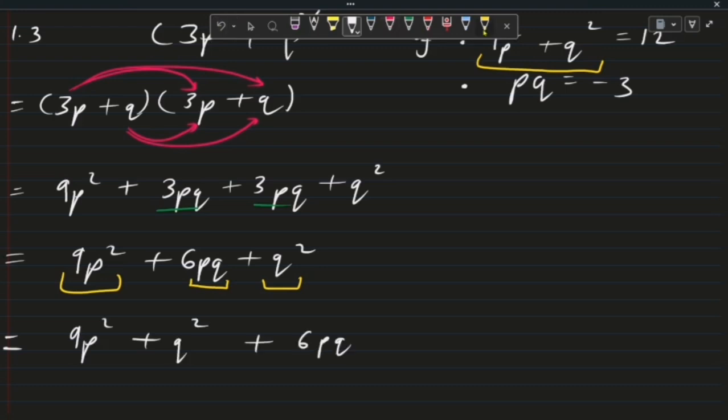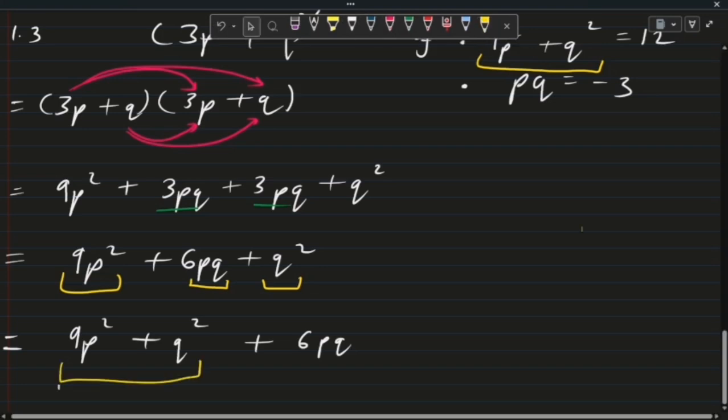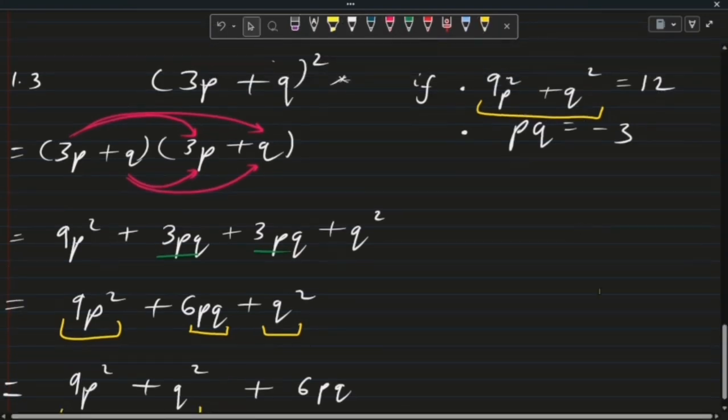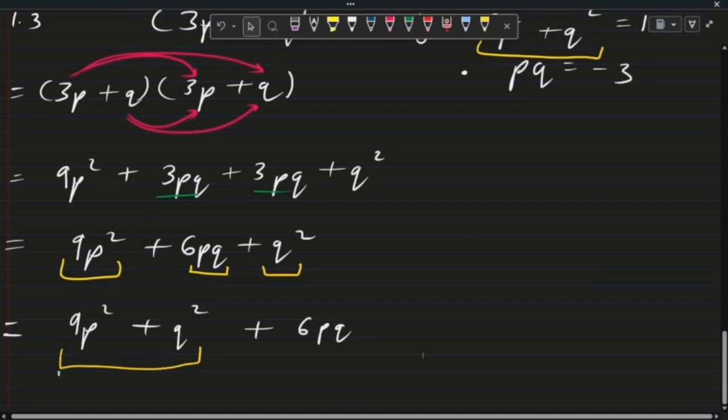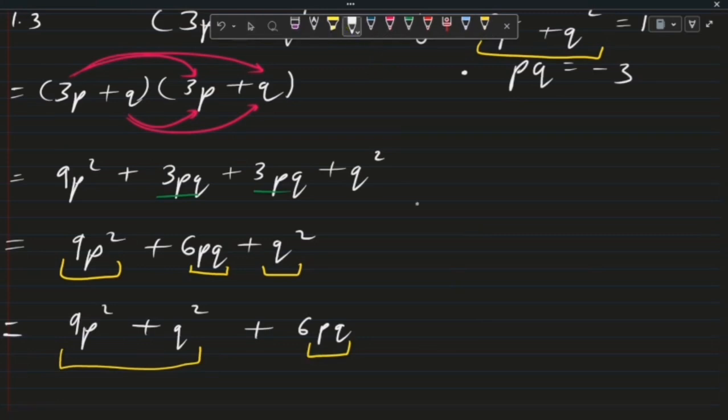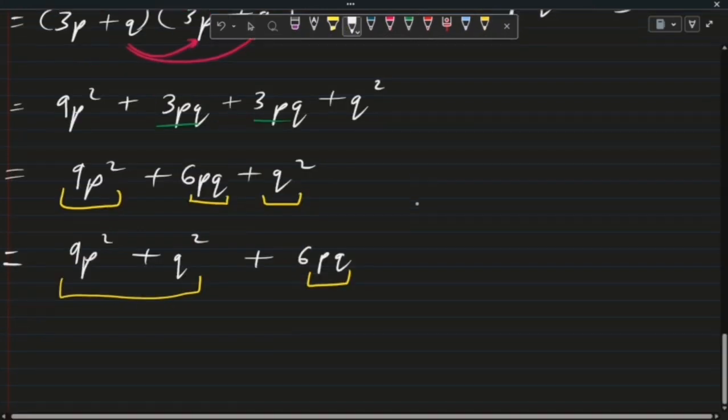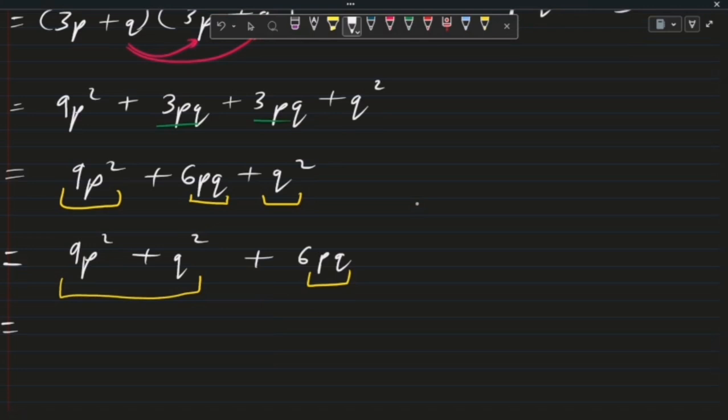So what I'm saying is that this part is the part that is equal to 12. Hopefully you can see that. And then pq is the part that is equal to negative 3. So we can simplify this by substituting in the numerical values and then hence determine the numerical value of the given expression.